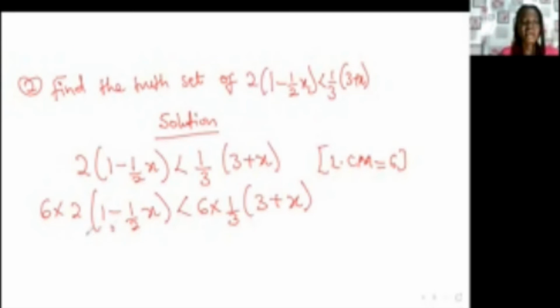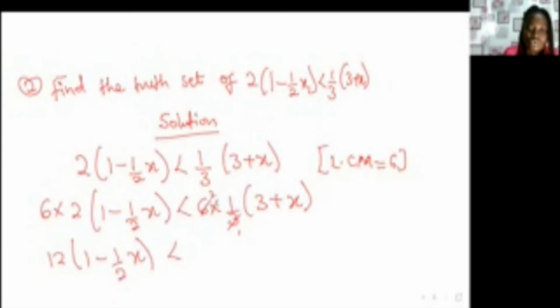Then we simplify. Simplifying this to give us 12 bracket 1 minus half x less than, we can simplify this, 2 brackets 3 plus x. Good.